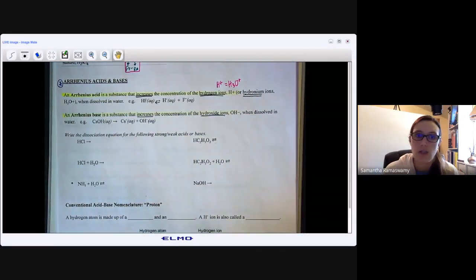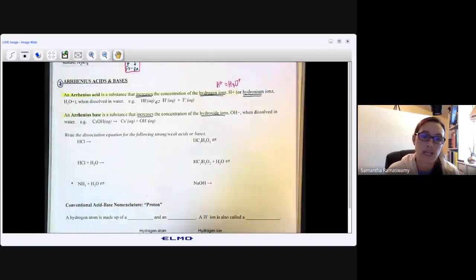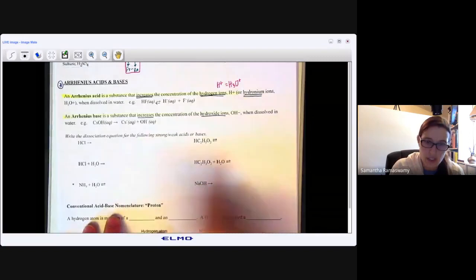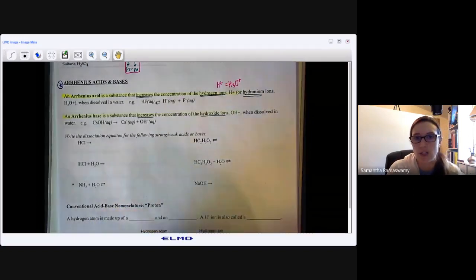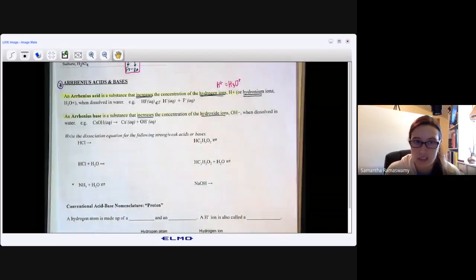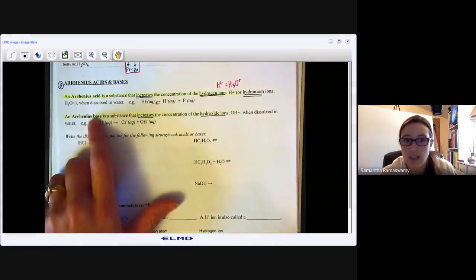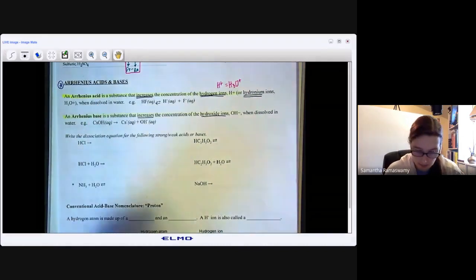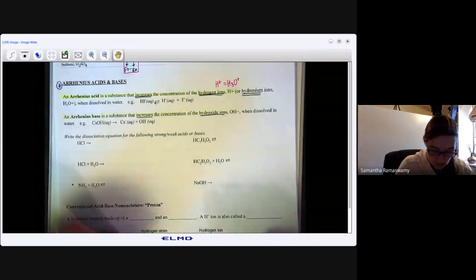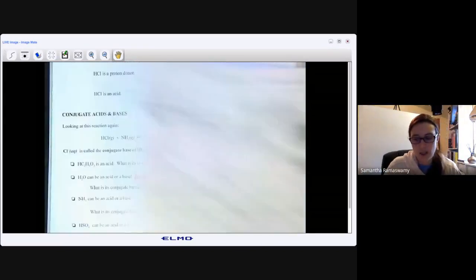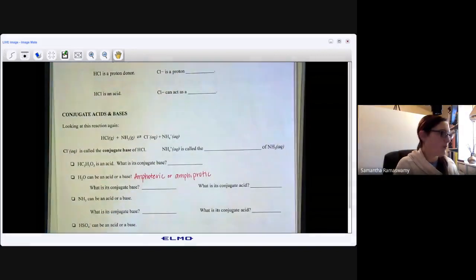Now, we could look at how these dissociate, but we're going to focus on that more when we look at strong and weak acids. So Arrhenius acids produce H+, and Arrhenius bases produce OH-. The Arrhenius definition is somewhat useful, but it has some limitations.